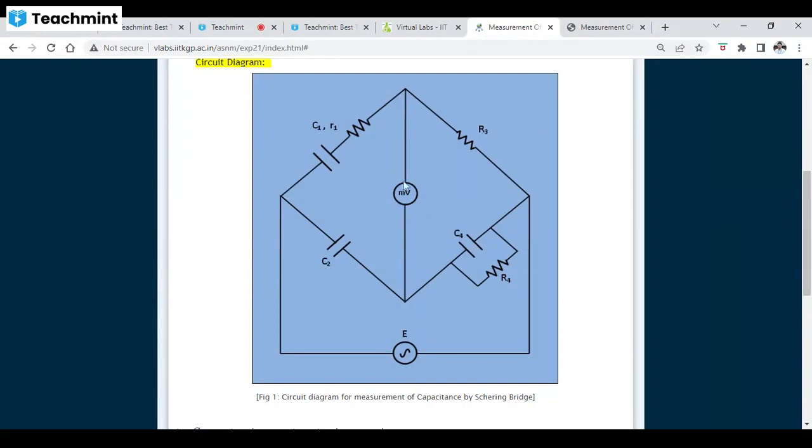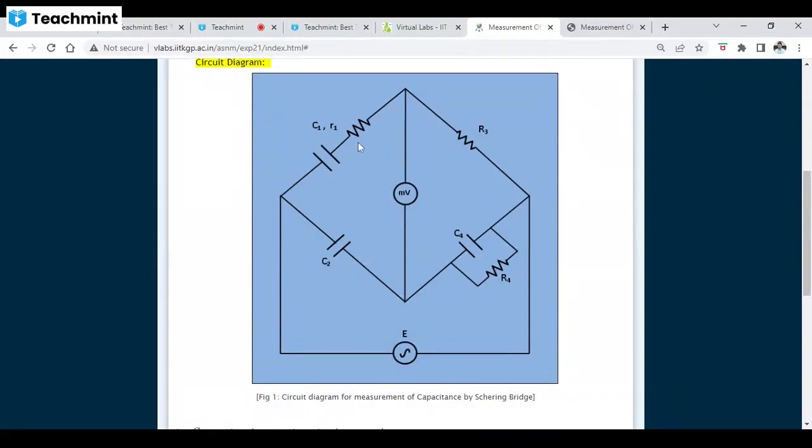So the bridge is balanced when the potential difference between this point and this point is the same, meaning there will be no current flow through the millivoltmeter.